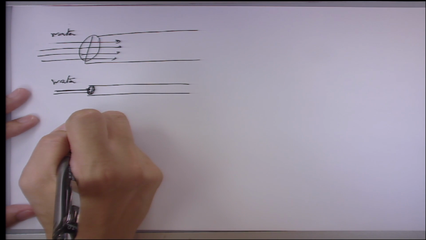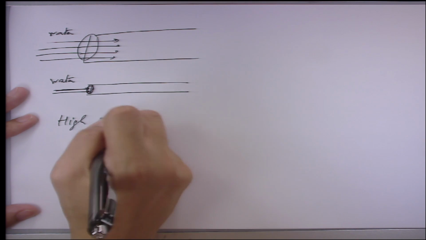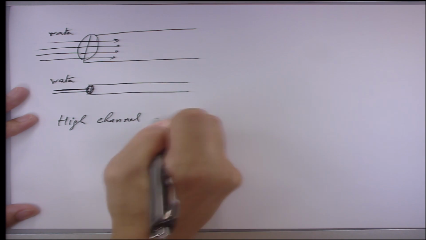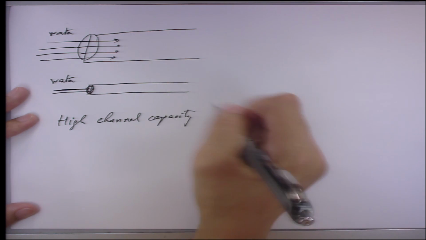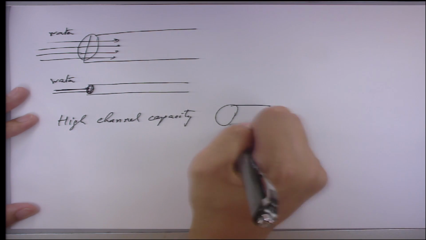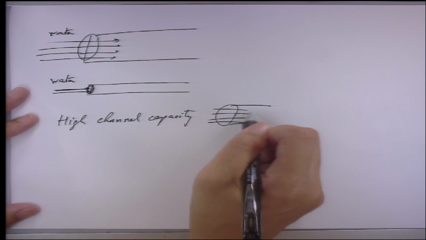If you have a high channel capacity, it's the same as having a large diameter to allow the data to flow.